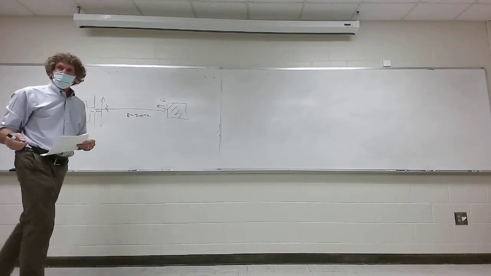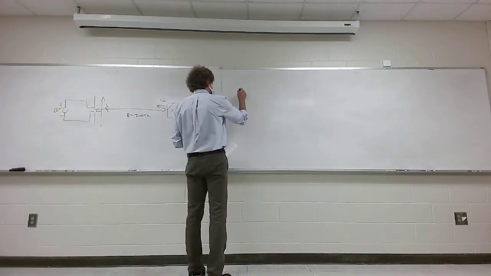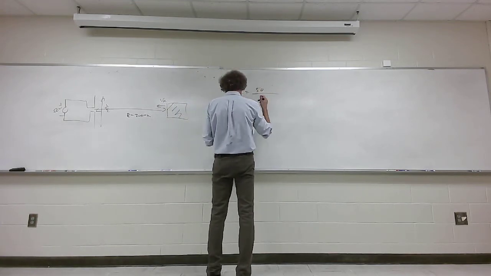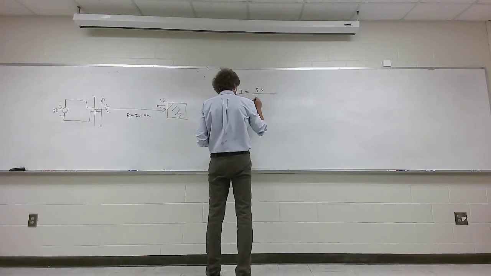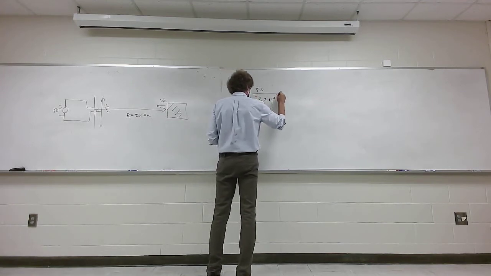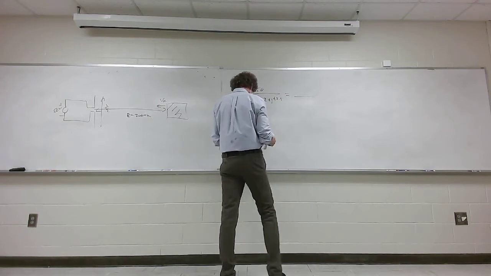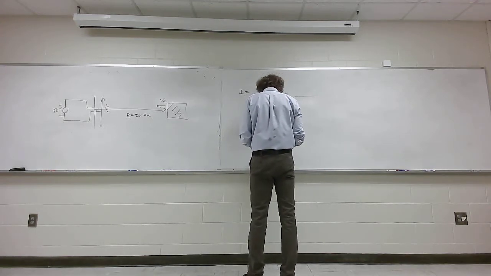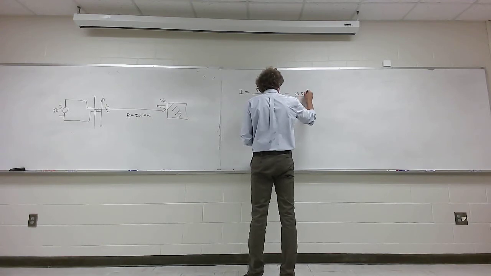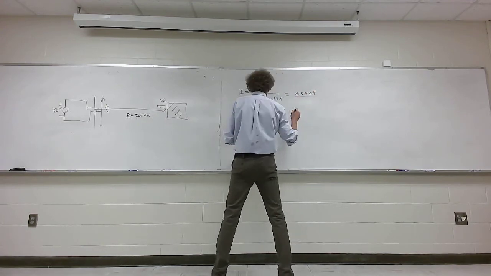All right, for this one, it's current. Current is simply going to be equal to 50 over Z antenna, and that's 73.2 plus j42.5, which is 0.507 amps.